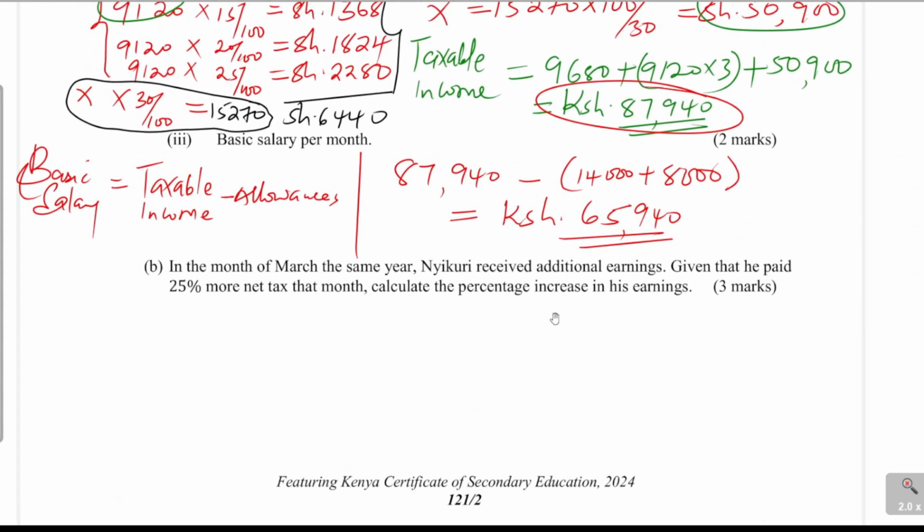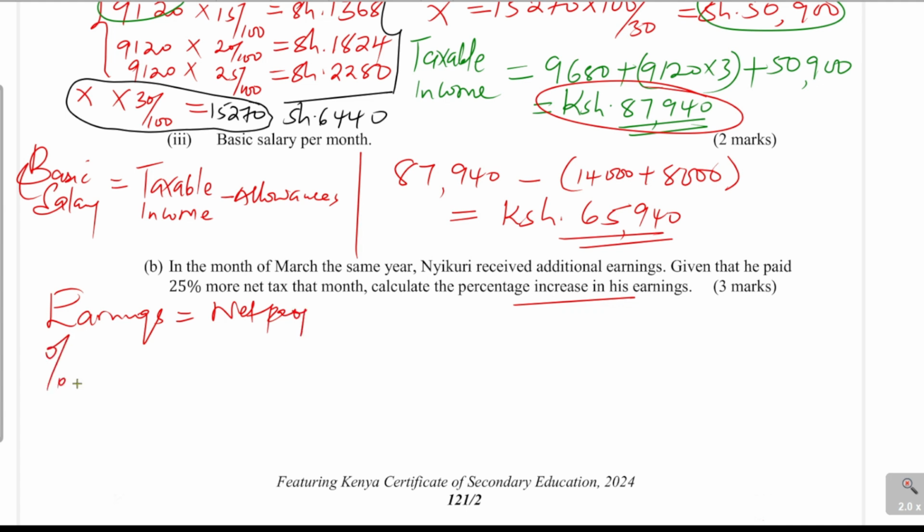Part B, in the month of March, same year, Ikouri received additional earnings. Given that he paid 25% more net tax that month, calculate the percentage increase in his earnings. Look at the question: percentage increase in his earnings. The earnings here refer to the net pay.